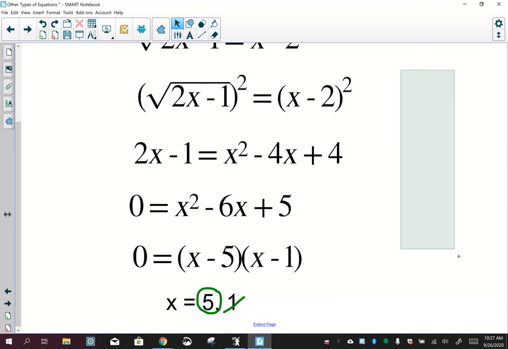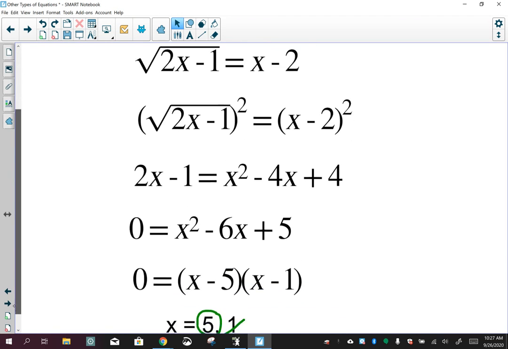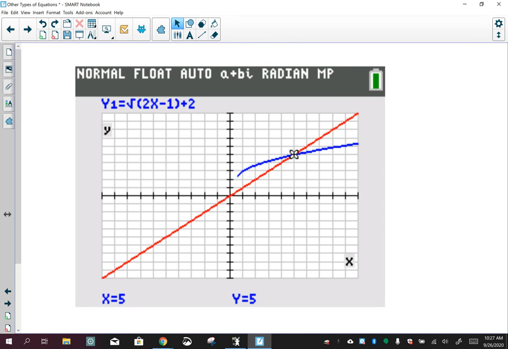I thought I did. So when you plug it back in, you'll realize that the 5 works and the 1 does not. And again, if you want to check that you got everything correct, this piece over here is your y1. This is your y2. Stick that into the calculator, and you will see that it intersects at x equals 5, and that's the only answer that you have.